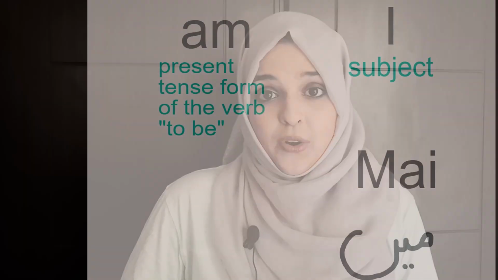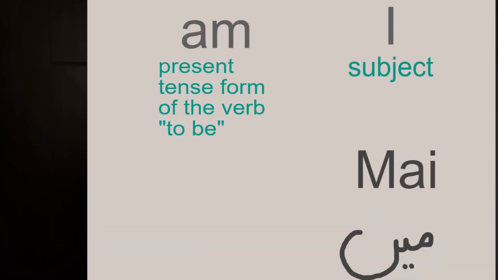Now, how can you say I am in Urdu? I in Urdu is मैं, which is the subject, I. And what will be the translation of am in Urdu? What is the present tense form or the conjugate form of the verb hona in Urdu?